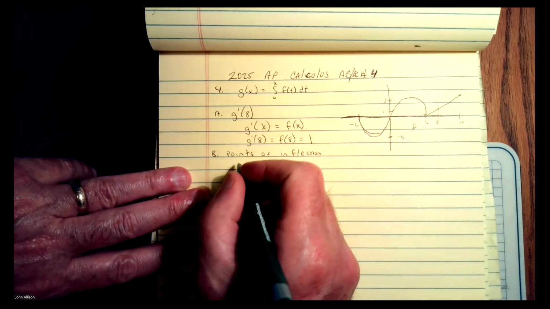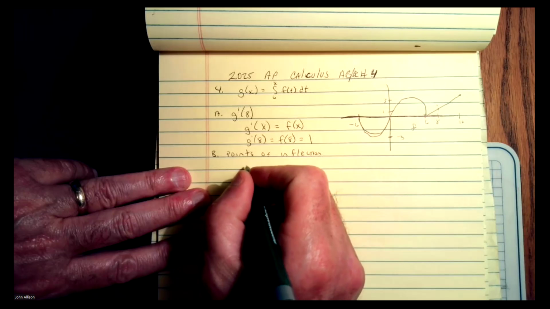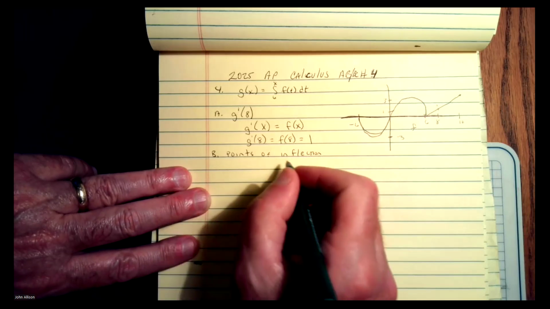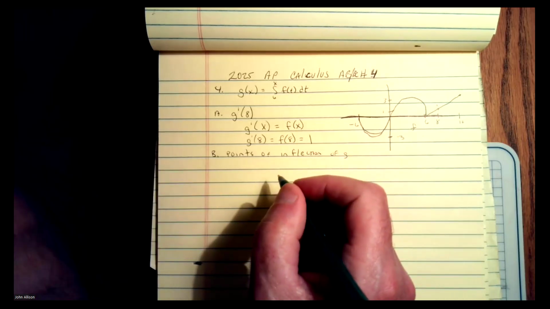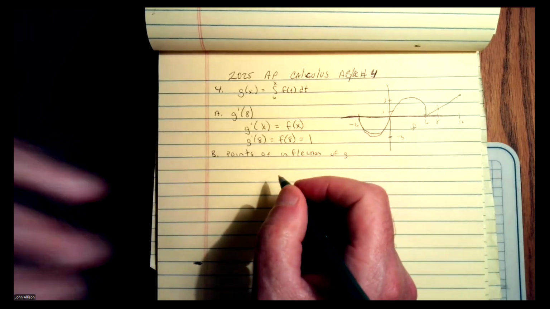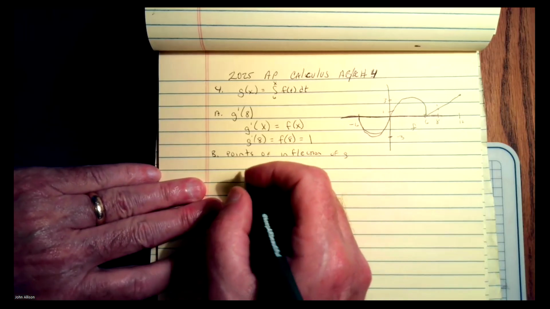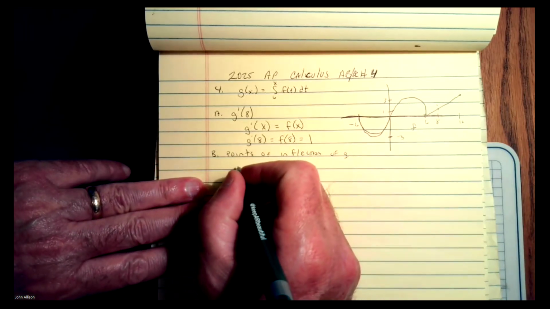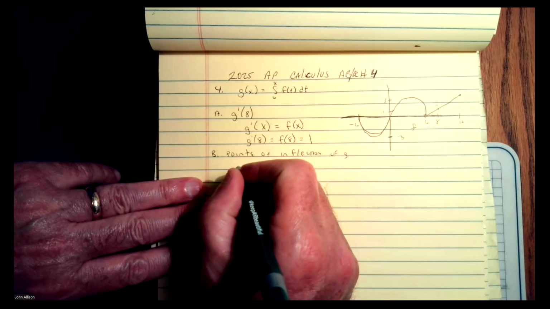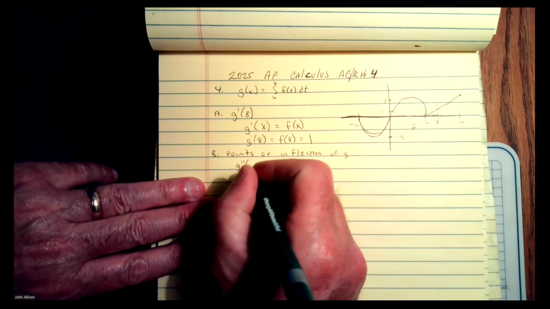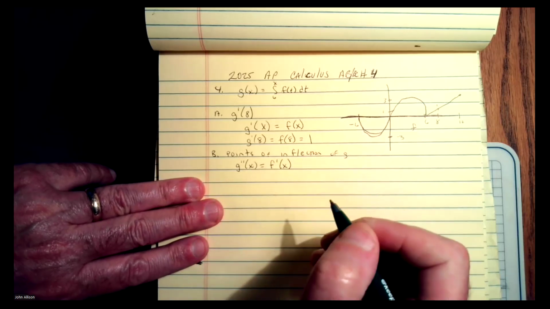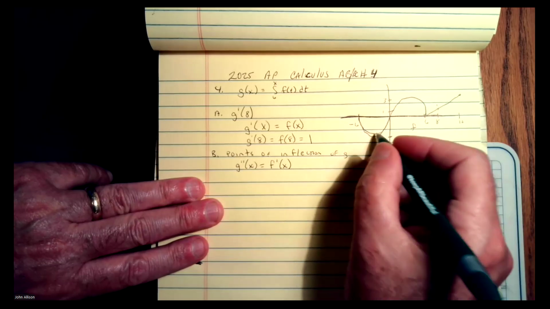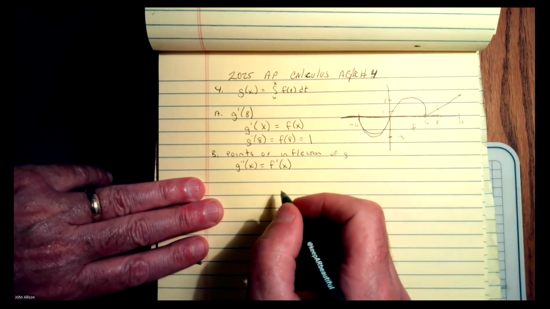And so that means we're looking for places where the second derivative of g changes from negative to positive or positive to negative, changes concavity. So let's find g double prime. G double prime of x is f prime of x. So that's the tangent line here.